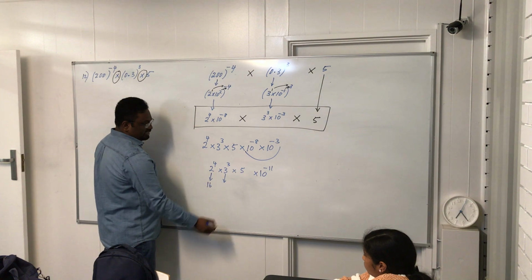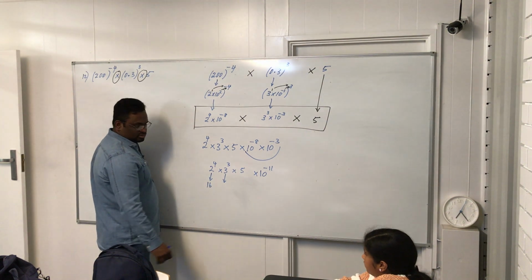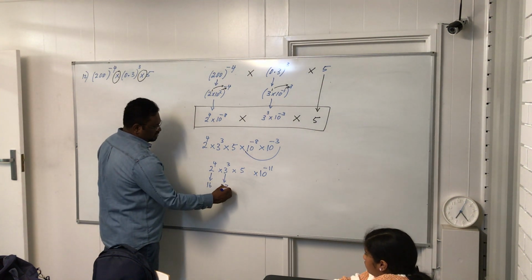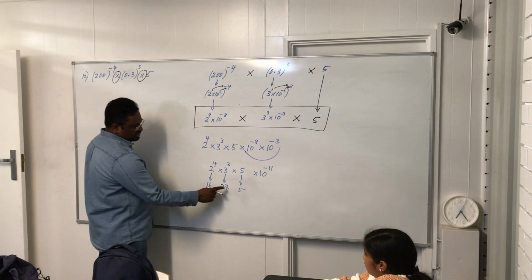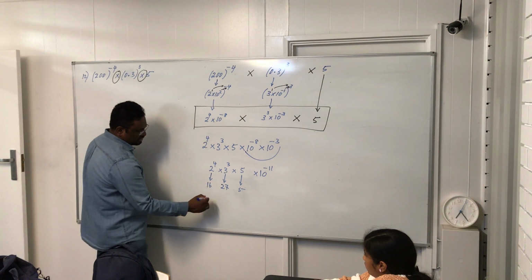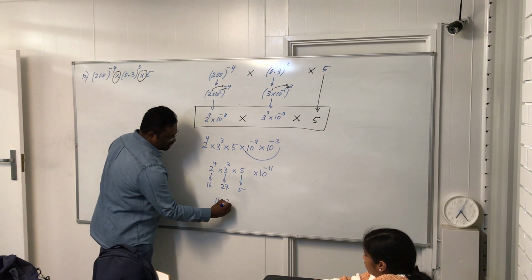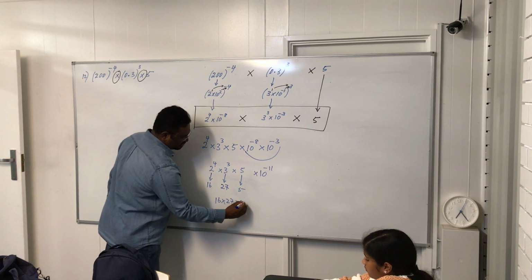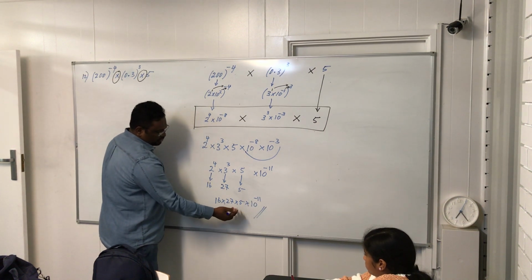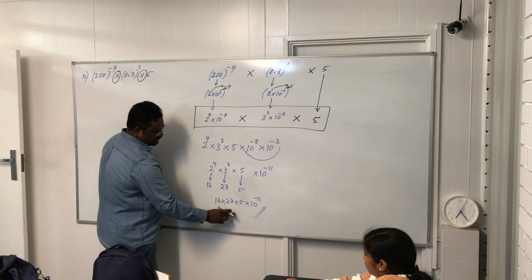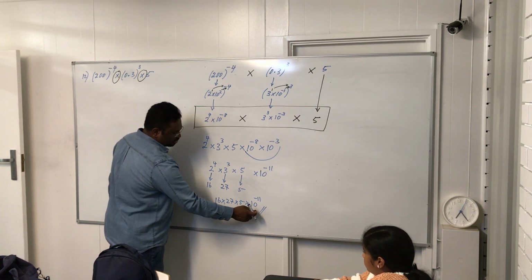What is 3 cubed? 27. 5 is 5, right? Now what would be the answer? 5 times 27 times 16. So it's going to be 16 times 27 times 5 times 10 to the power minus 11. So that would be the answer. If you want, you can multiply this and get one single answer here and 10 to the power minus 11.